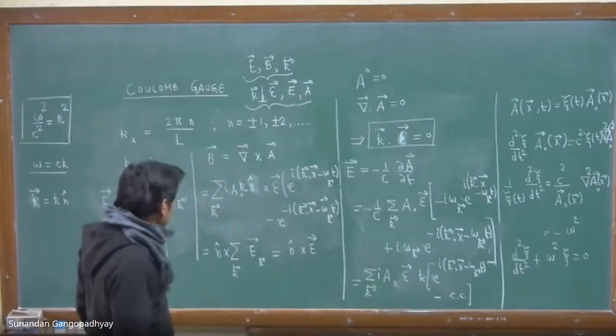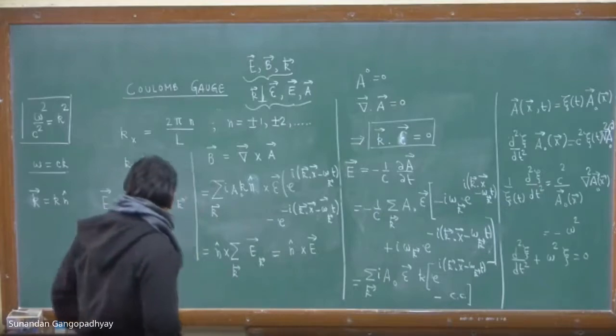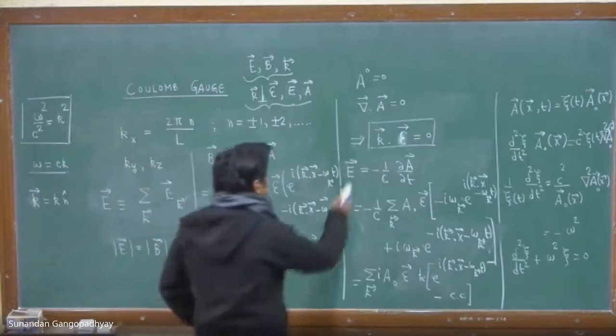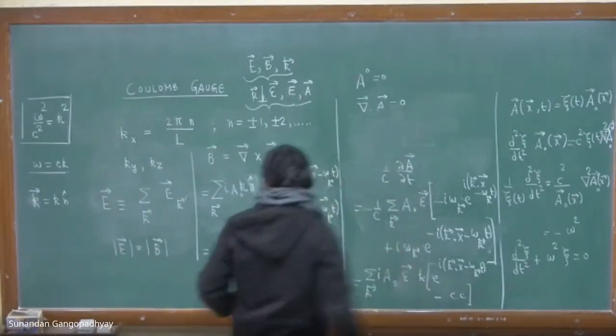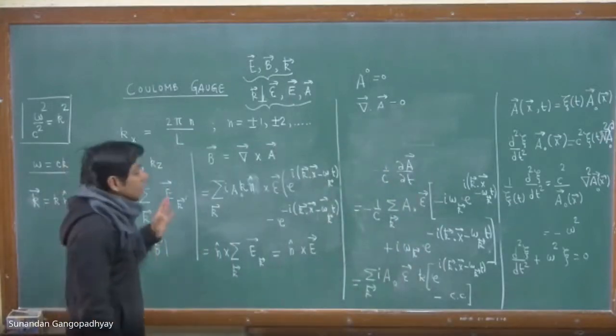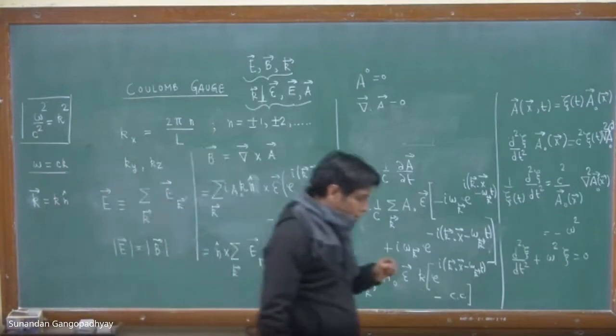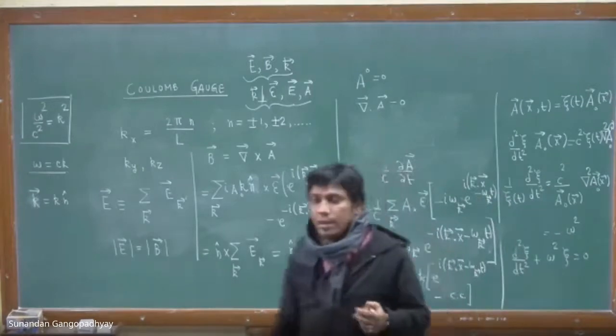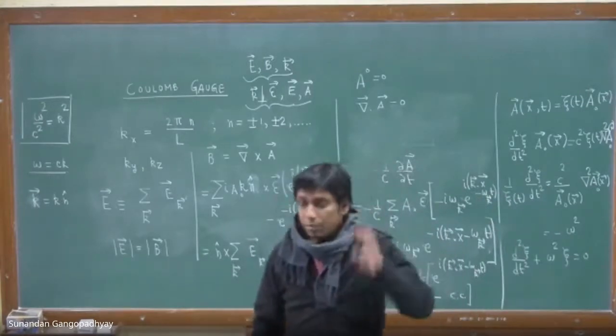So, with this background, now what we shall do is calculate. See, in this, the expansion that we have written down for the vector field A vector, that is totally fine. What is our aim?